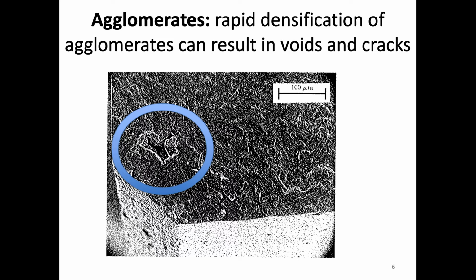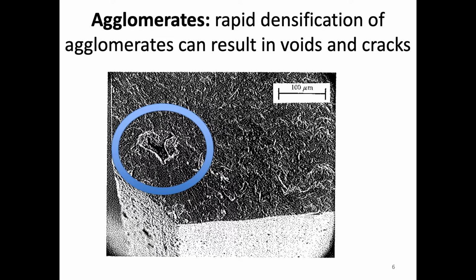All right. So some other things that can happen are agglomerates. An agglomerate is a collection of particles during the sintering process.